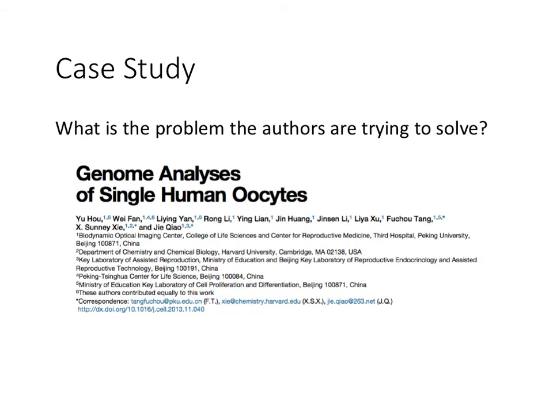Single human oocytes. Did anybody figure out what real-world problem the authors are trying to solve here? This is a long paper. I certainly appreciate it if you didn't pick it up. If you read all the way to the discussion, which I didn't ask you to read, maybe you found it.